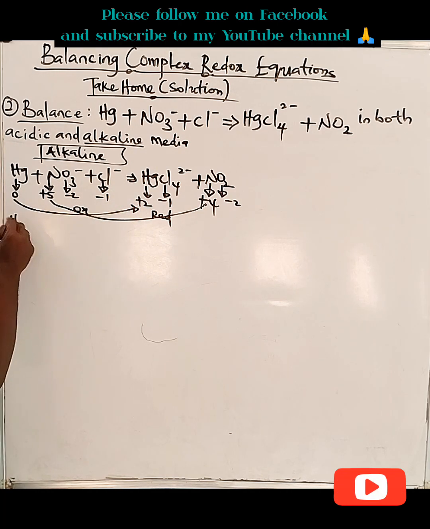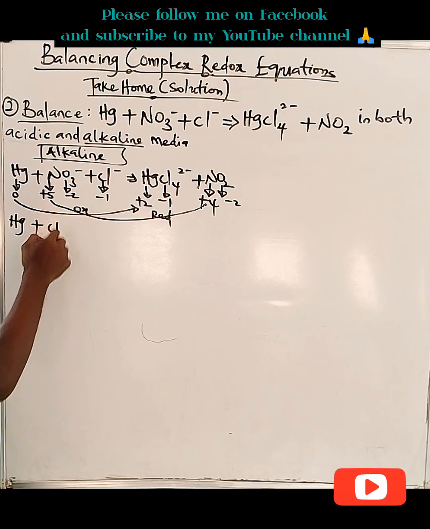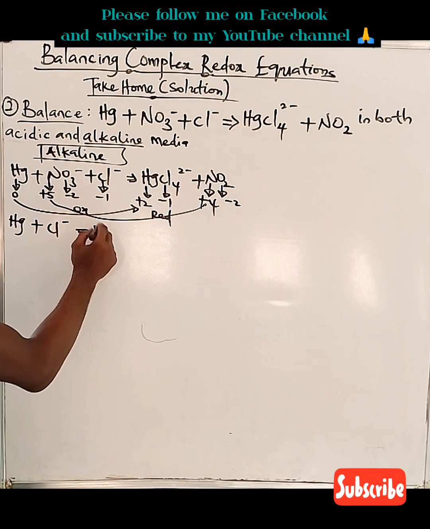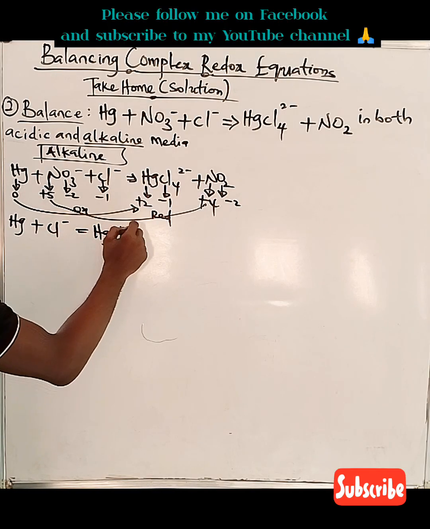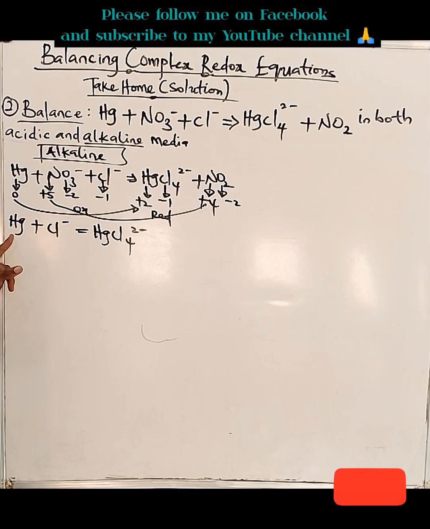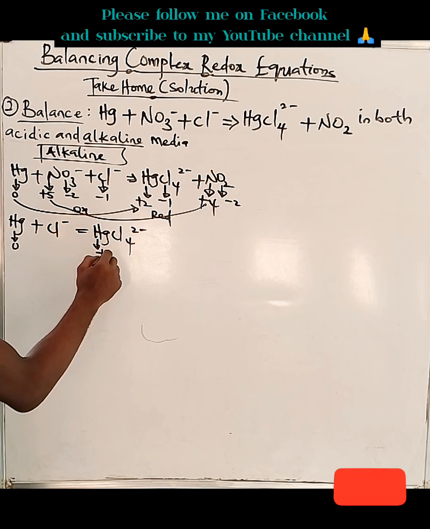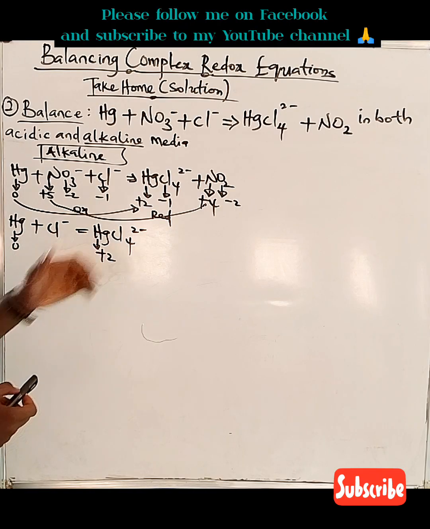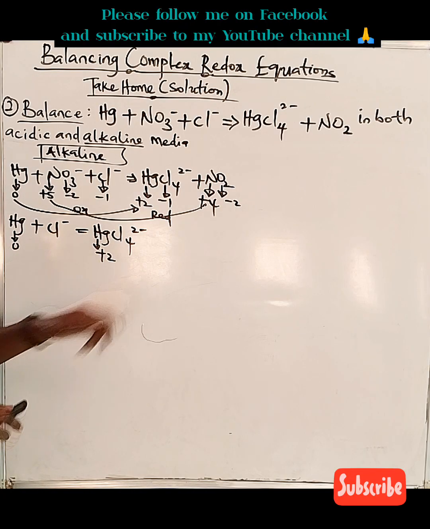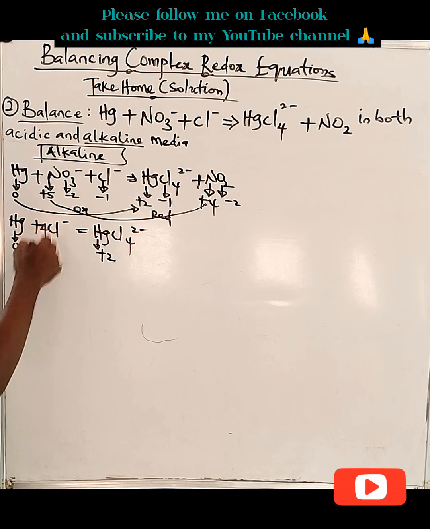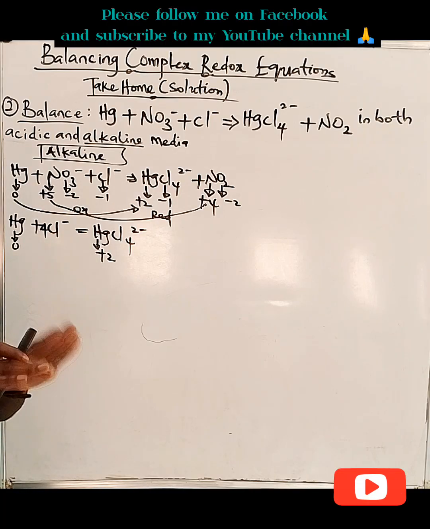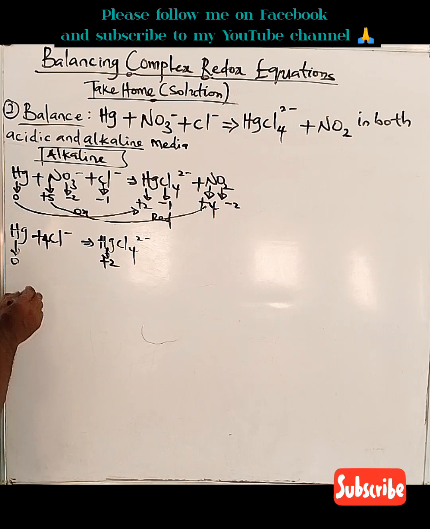We have Hg plus Cl aqueous equals HgCl4 2 minus. Don't forget that the major focus is on the mercury atoms. This is 0, this is plus 2. But we can also balance out the chlorine atoms. We have 4 atoms of chlorine here and just 1 here, so we add 4 to this place, and we have the chlorine atoms balanced out.